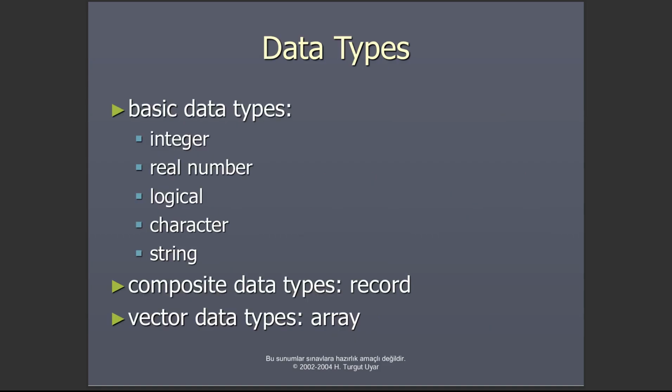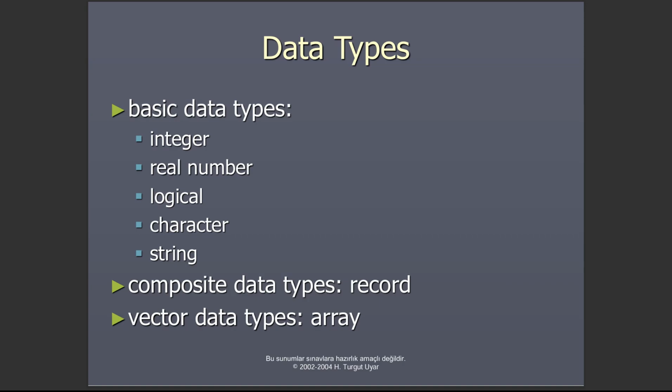And next, data types. Data types tell the computer what kind of data we are using, because we need to talk with the computer with data types. We have learned this.